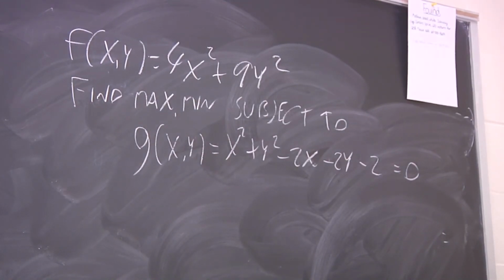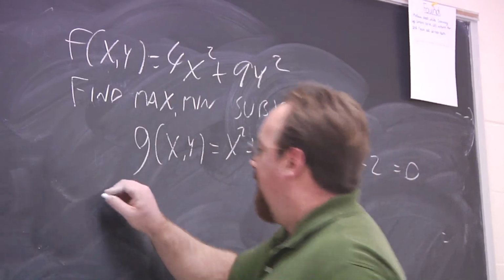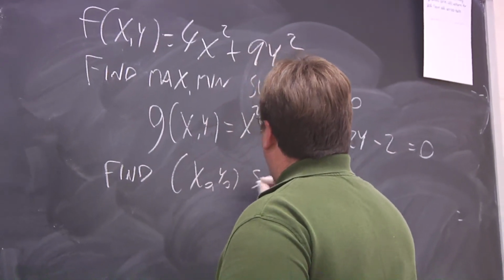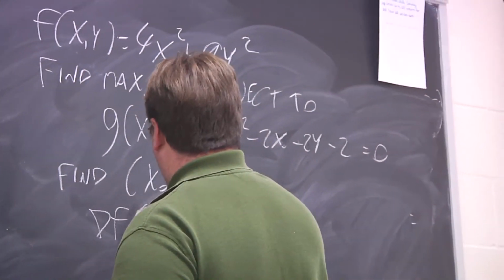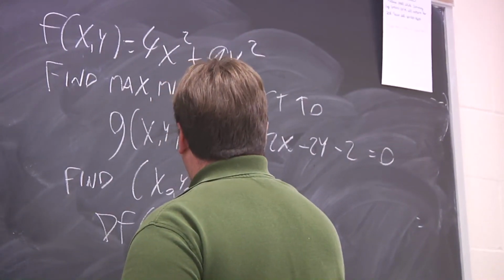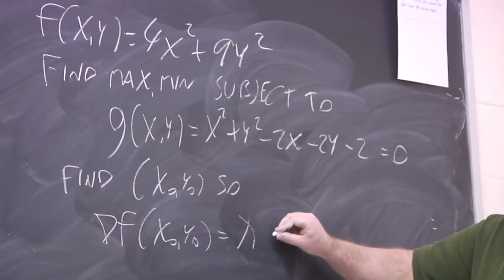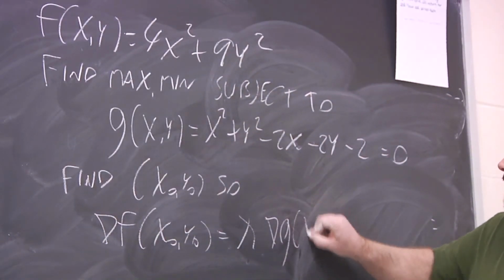Now, what we need is to find a point, x0, y0, so that the gradient of f at this point is equal to just one Lagrange multiplier, lambda, because we only have one constraint, times the gradient of g at x0, y0.